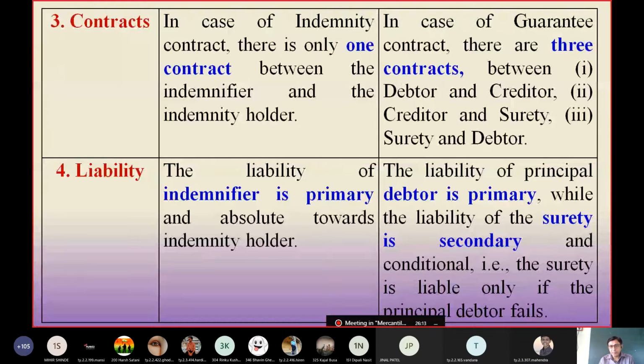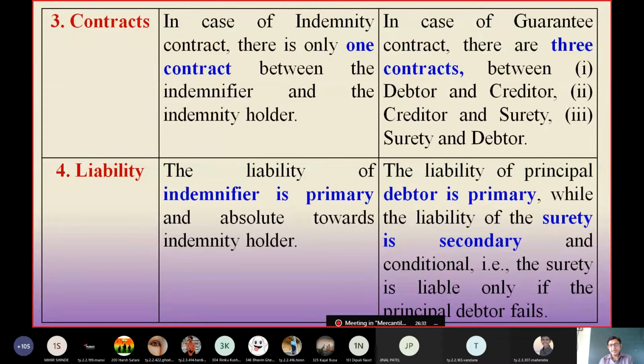What about the liability of the principal debtor in case of guarantee contract? The liability of the principal debtor is primary. He is the first person who is supposed to pay, as the loan or the goods on credit have been enjoyed by the debtor. He is going to use all those things.